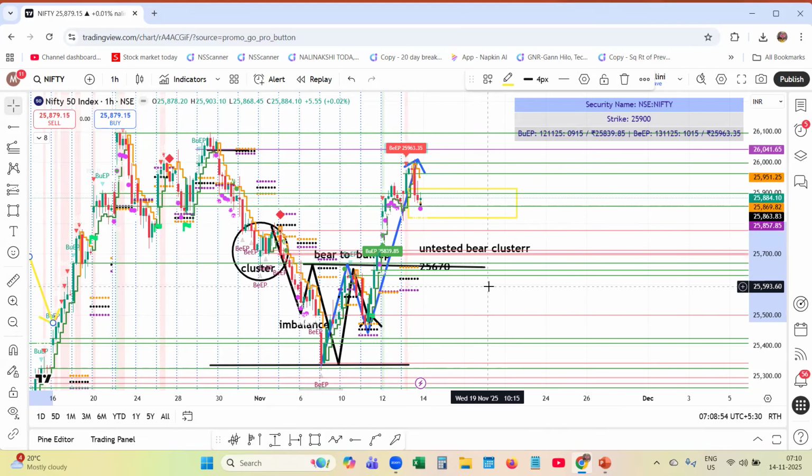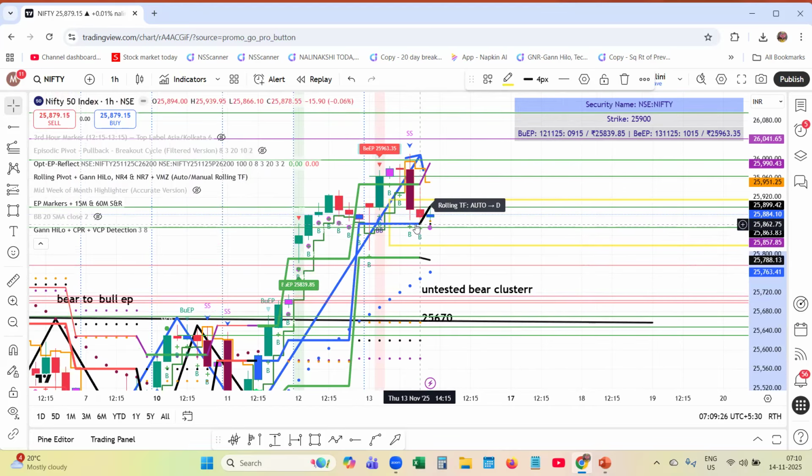But when it comes to this bear cluster, if it retraces to this bear cluster and the CPR level also, you can do that. If I enable my indicator, the rolling pivot, and zoom this price action, you can see the rolling pivot already.